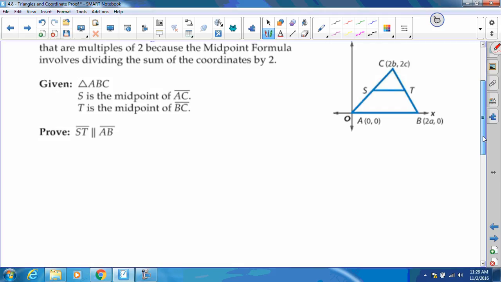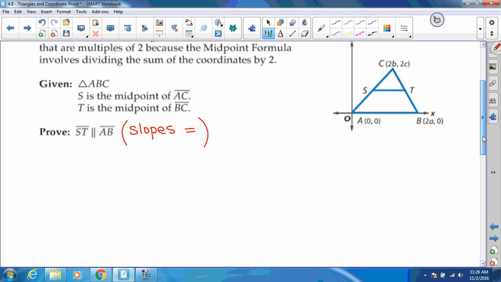So here's what you need to think about. If I want to prove that lines are parallel, think about what's true about parallel lines, and that is that their slopes are equal. If I can show that their slopes are equal, then I can prove that the lines are parallel.